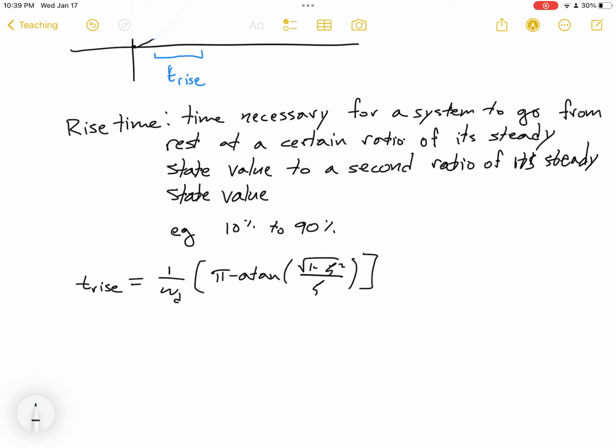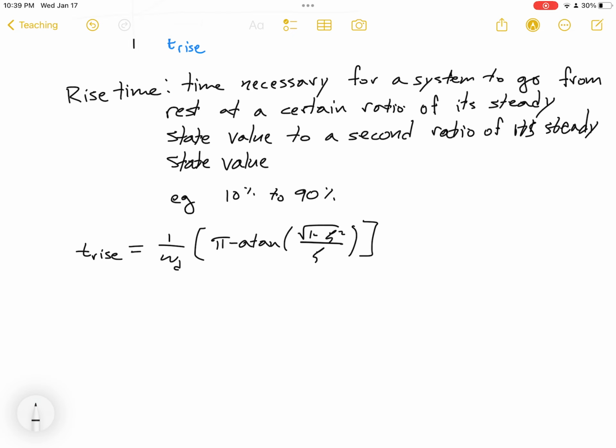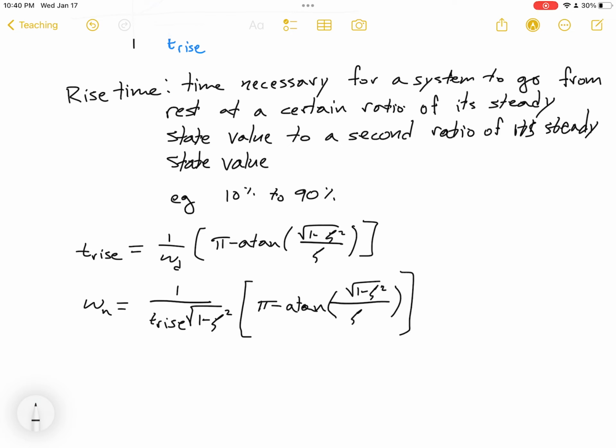And written another way, omega d, we'll remember, is related to the natural frequency. If you're able to measure the rise time, then you can get the natural frequency is 1 over t rise times the square root of 1 minus zeta squared times that same quantity, pi minus arctangent of square root 1 minus zeta squared over zeta, like so.